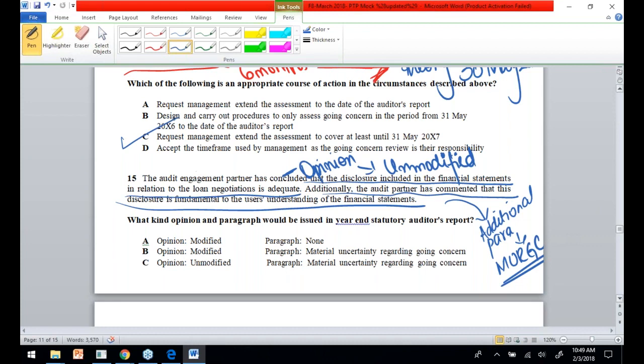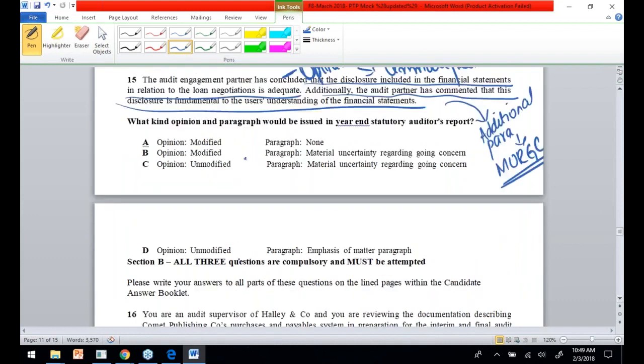So since opinion needs to be unmodified, it is either going to be C or D. A and B can't be correct options. Now let's look at the paragraphs. You know that the emphasis of matter paragraph is never used to highlight uncertainty regarding going concern. The correct option was C, opinion unmodified, with a material uncertainty regarding going concern paragraph.